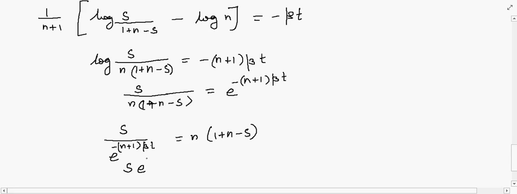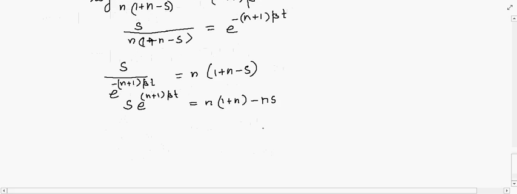So s into e power n plus 1 beta t is equal to n into 1 plus n minus n s.